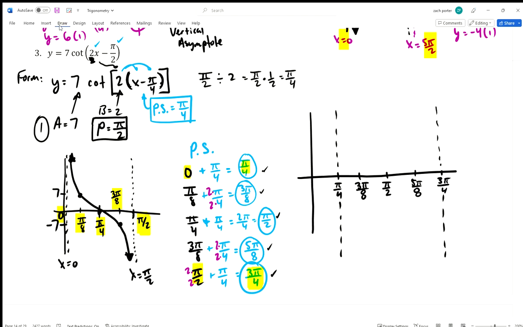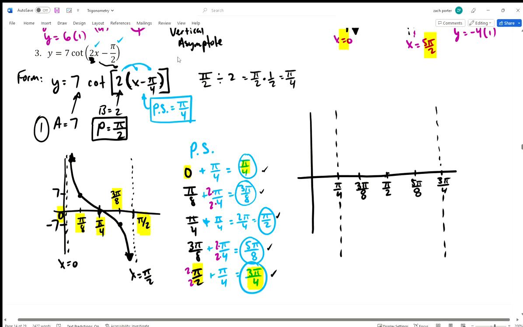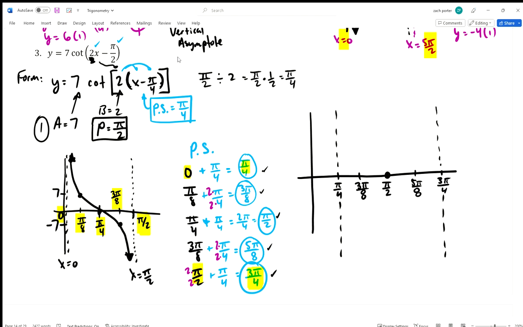In this picture, I'm going to go to this middle point and put a big old dot there. That's where I should have the midpoint, and that's where I can start to draw my cotangent curve. Where pi fourths did cross the x-axis is now at pi halves, still crossing the x-axis. Then the last two, let's highlight those.